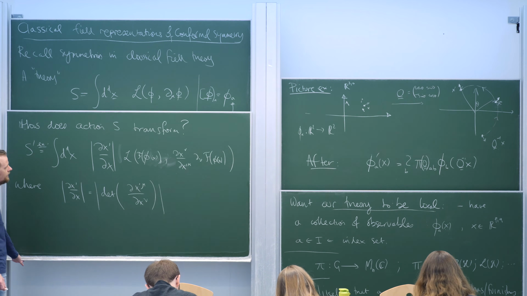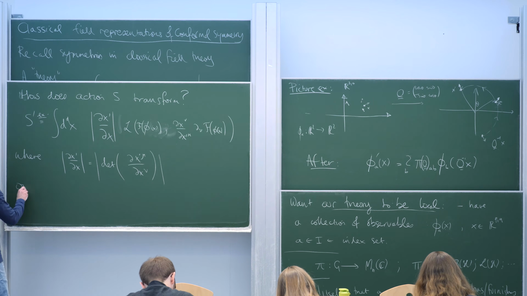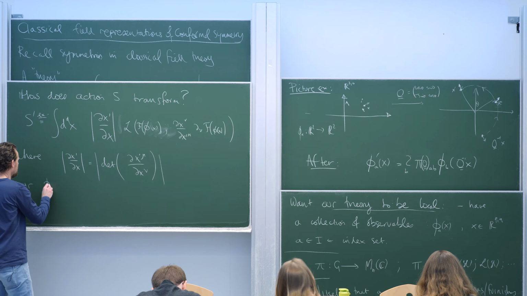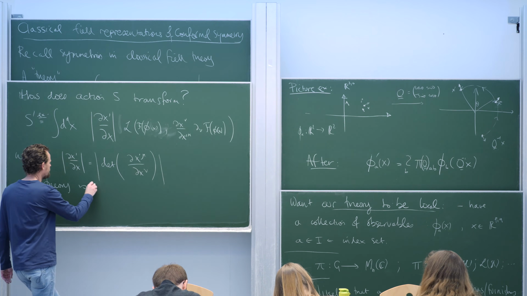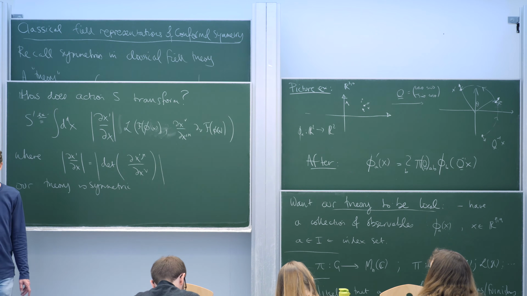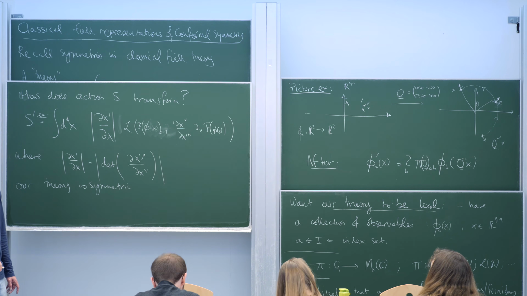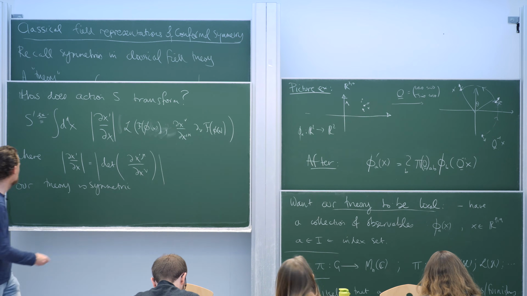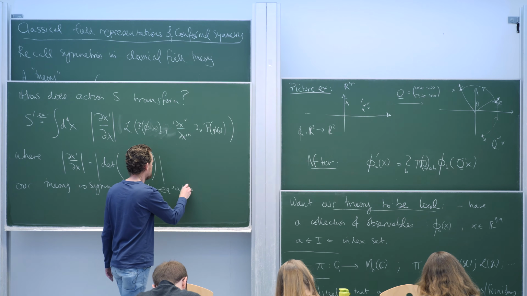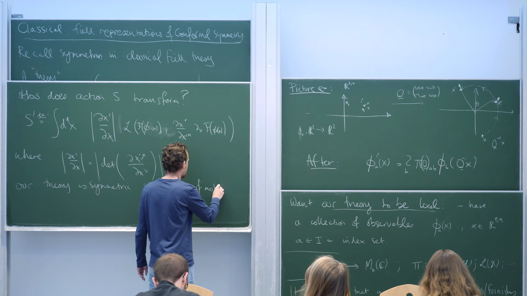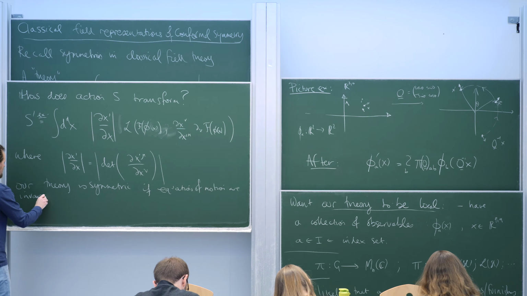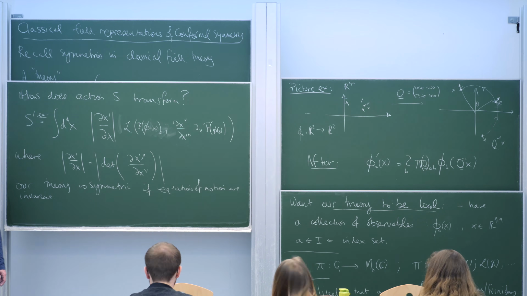And we say our theory is invariant or symmetric, or is a conformal field theory, if it leaves the equations of motion invariant, not the action. The action doesn't have to be invariant. Just the equations of motion. And what that means is that the action is allowed to change by a total derivative.